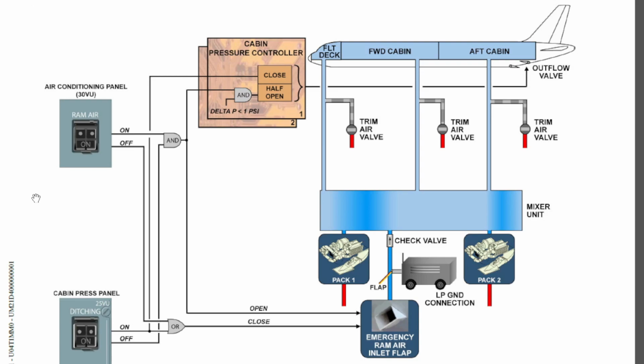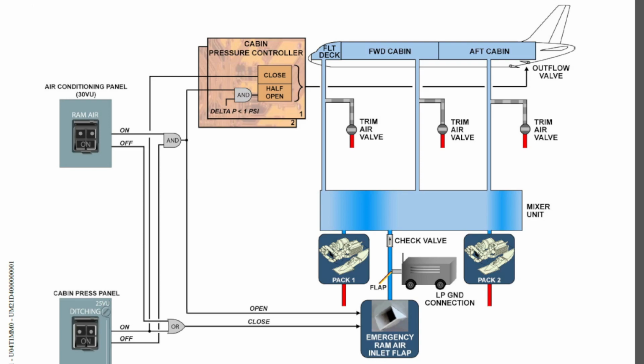To get it to 1 psi, what will happen is, if your outflow valve mode selector switch is in the auto position, when the differential pressure is somewhere around 1 psi or less, the outflow valve will be controlled to open, therefore allowing the outside air to come into the cabin.